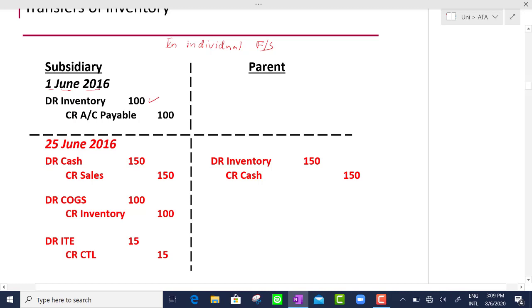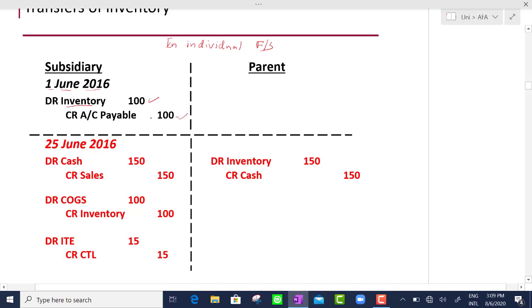When they purchased this stock, they record debit inventory 100, cash or accounts payable or creditors control account credit 100.